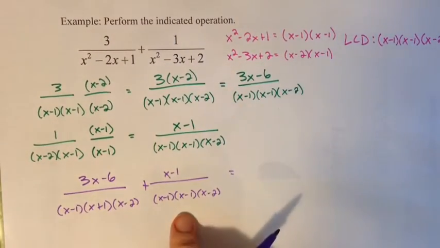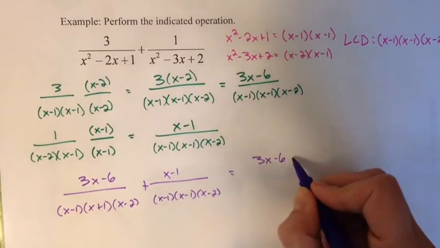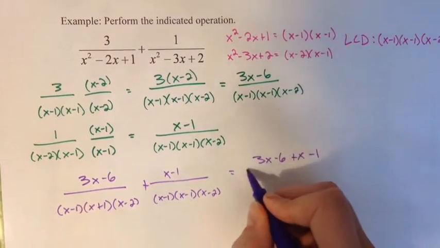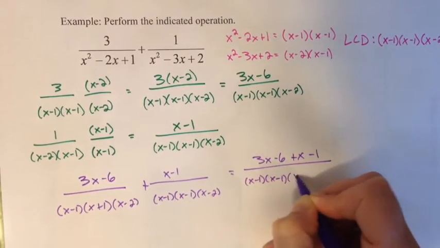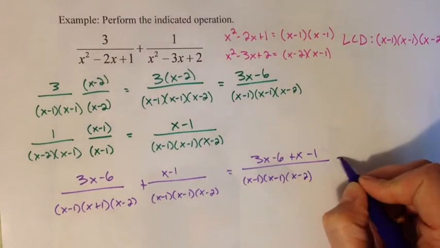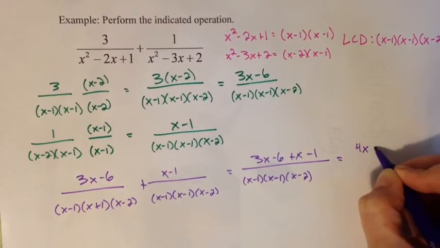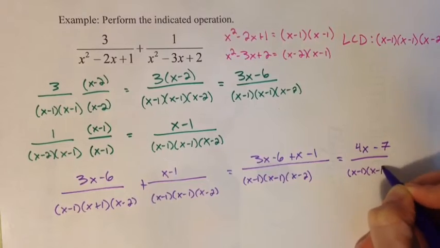They have the same denominator, so I can just add the numerators. 3x minus 6 plus x minus 1 all over that same common denominator. Finally, I should simplify this as much as I can. My numerator has some like terms that can be combined, giving me 4x minus 7 over my same common denominator.